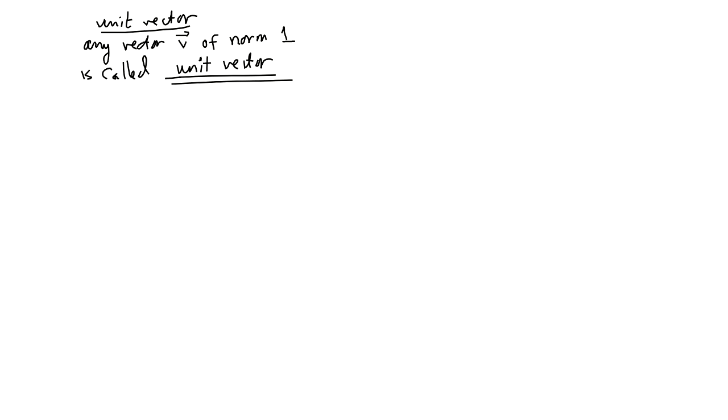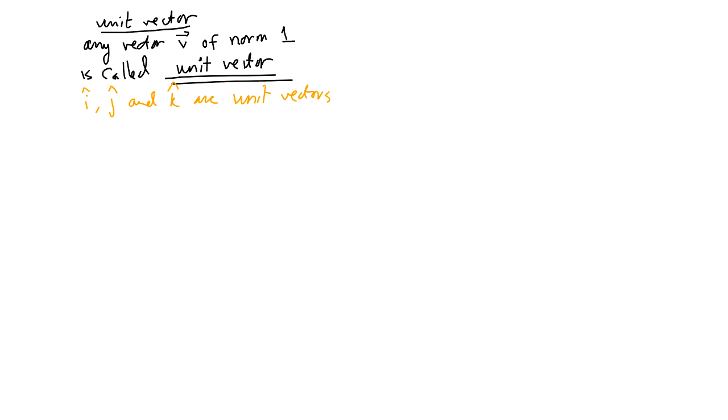So if the norm equals 1, then this vector is called a unit vector. If the norm is not 1, then this vector is not a unit. The most famous examples for unit vectors are i, j, and k. I, j, and k are unit vectors.